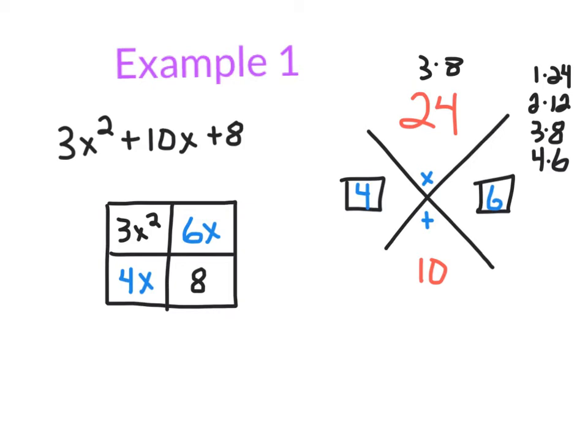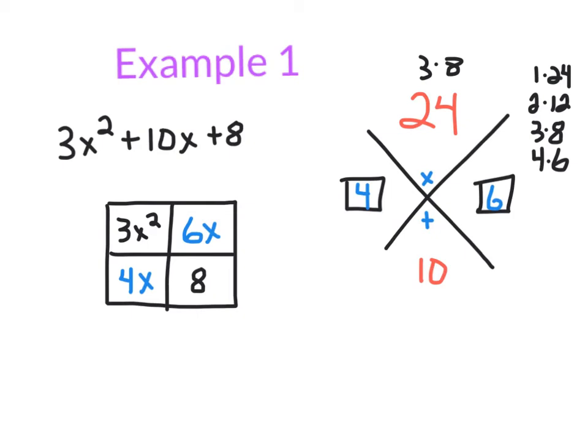We're going to look at the 4 and 8 and take it out and put it here. And then we're going to look at the 8 and 6x and pull out the greatest common factor and put it there. And the 4x and the 3x squared and put it here. Now, I'm going to erase those so that we can see the numbers.